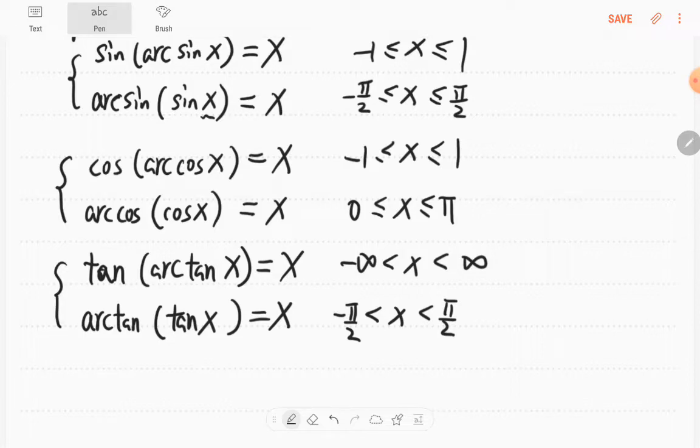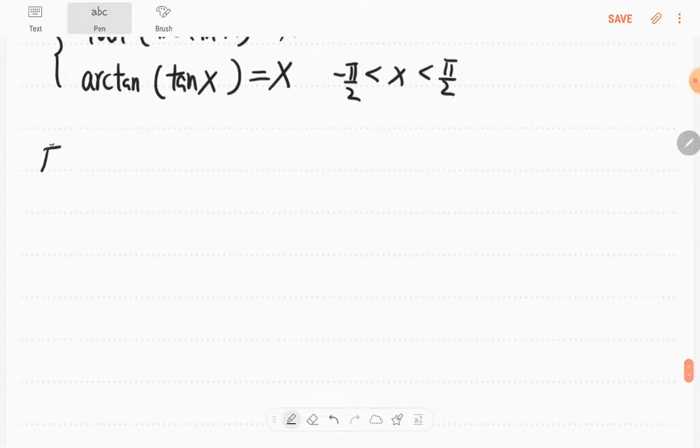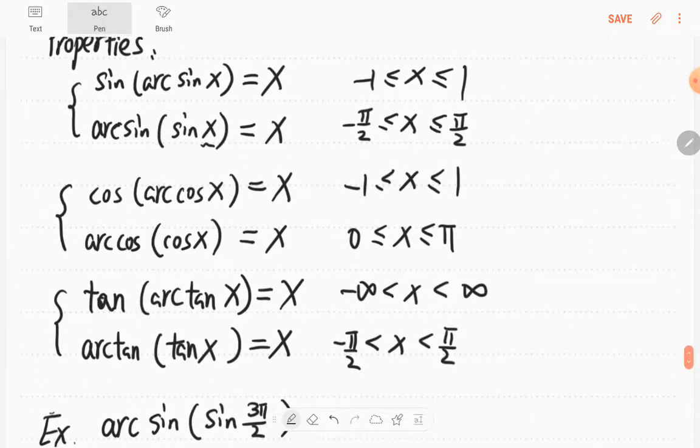Okay, so now let's look at some examples. We want to know arc sine of sine of 3pi/2.